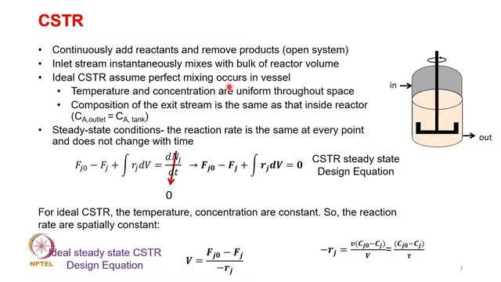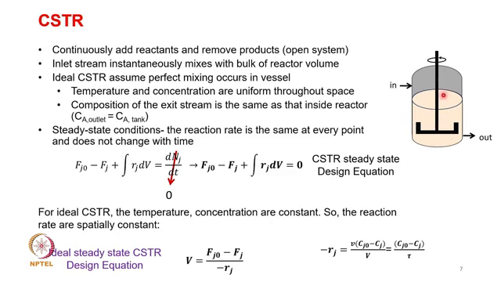What you can see is that the inlet stream is instantaneously mixed with the bulk of the reactor. Once the feed is inside the reactor, it mixes instantaneously. In an ideal CSTR, based on the stirrer that we provide, we assume that the mixing occurs very well.